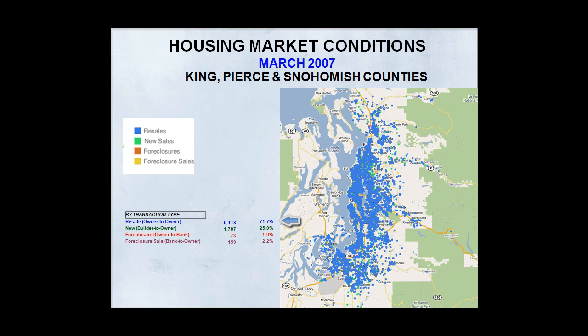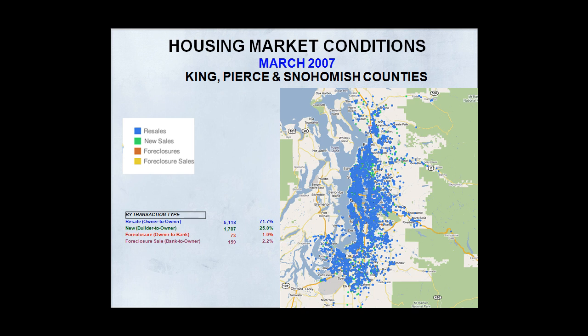At this point in time, short sales are negligible. Builder-to-owner, new subdivision, new home sales are 25%, a very healthy number. The lender or owner back to lender sales are only 1%, and the foreclosure sales, lender out to new third-party owner, are just 2.2%. So really, that's about the amount you would see in a healthy economic environment.